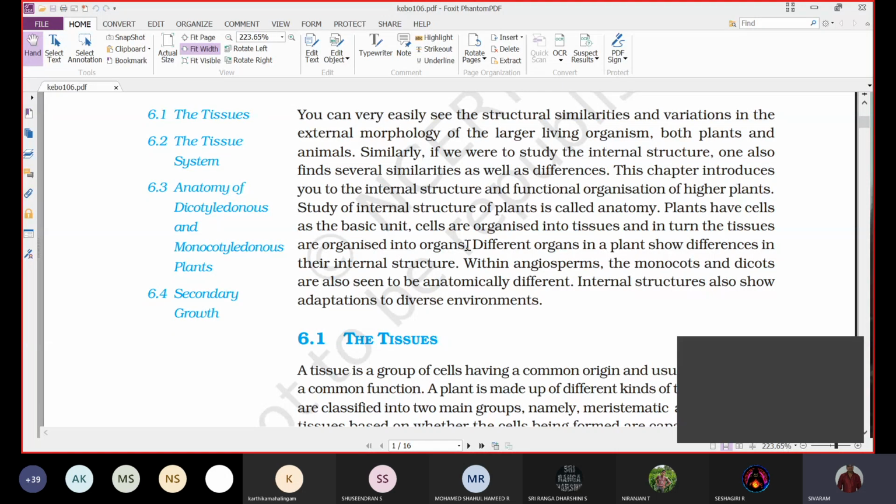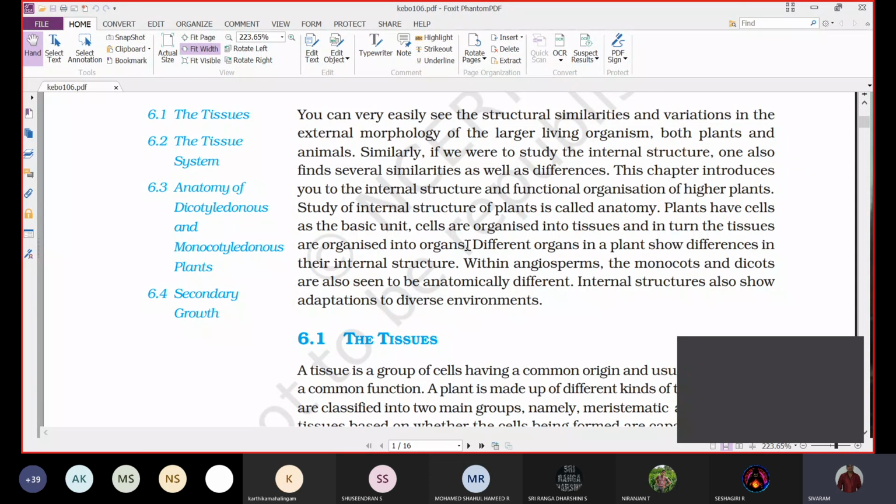Internal structures also show adaptations to diverse environments. The internal structures of plants vary according to the environment in which they are growing.